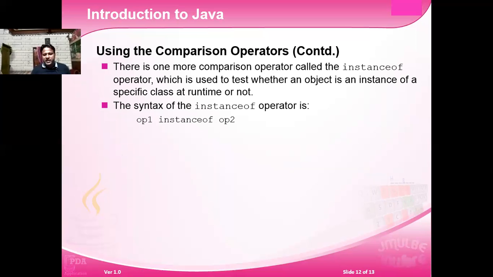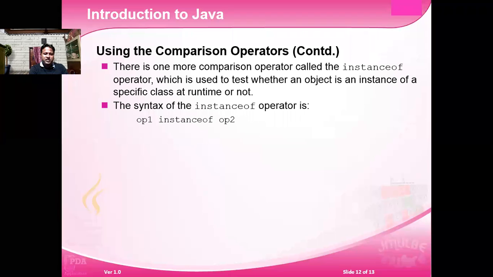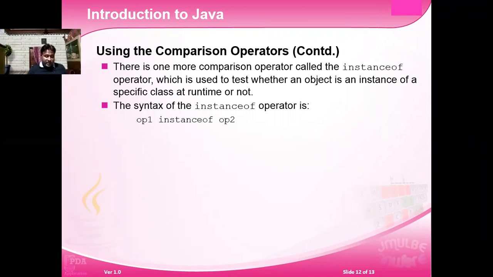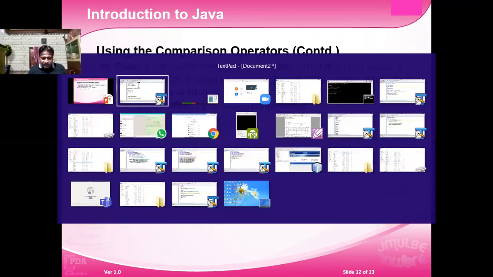But basically, what is this operator checking? It is checking whether the two objects are referencing the same class or not. If two objects reference the same class, then the instanceof operator gives you a true value.